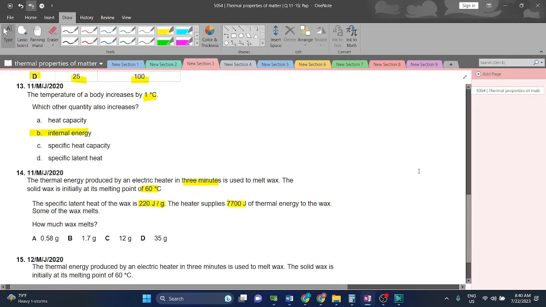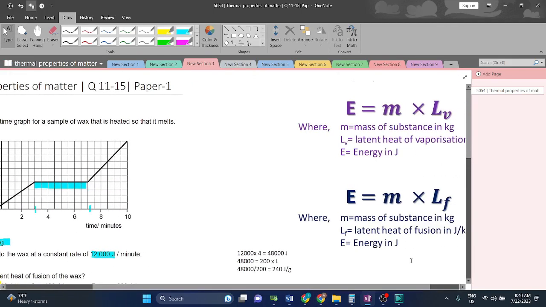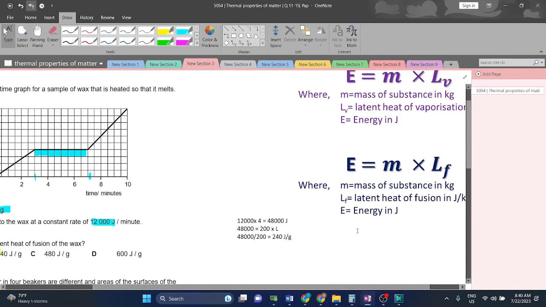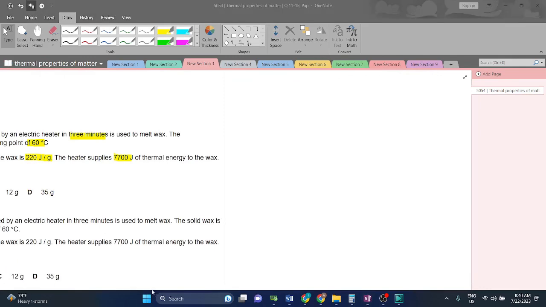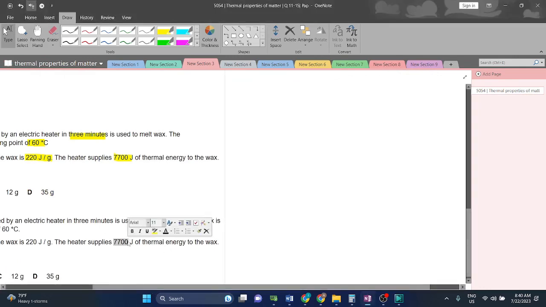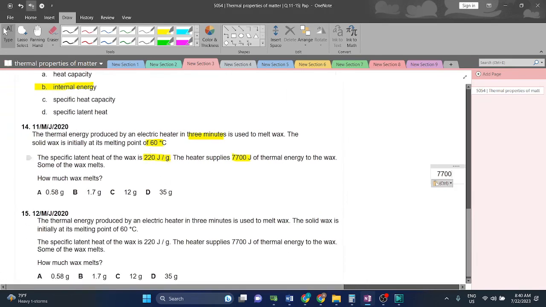अच्छा mass निकालना है. So we'll apply the same formula. ठीक है ना? हमें E दिया हुआ है. E will be 7700. उन्होंने हमें E खुद ही दिया हुआ है, right? E is 7700. And we have to find out the mass.